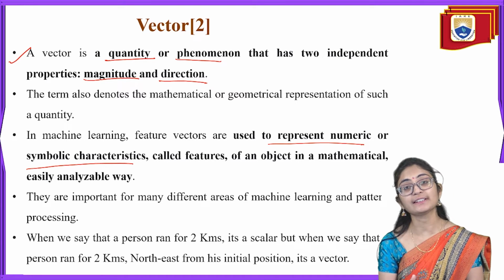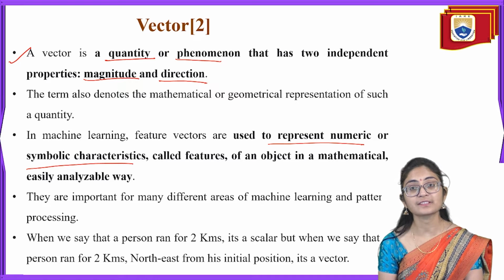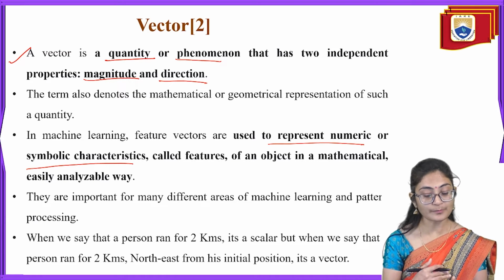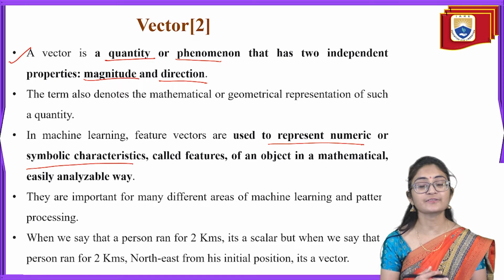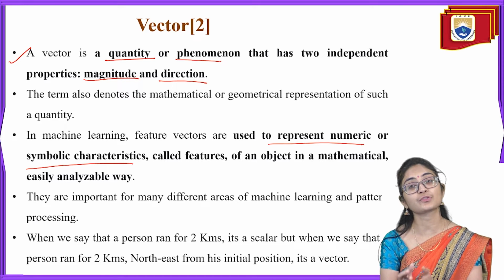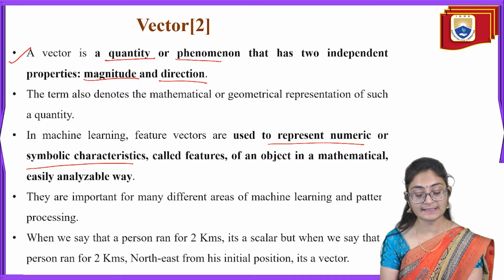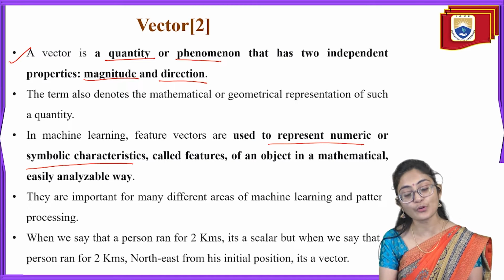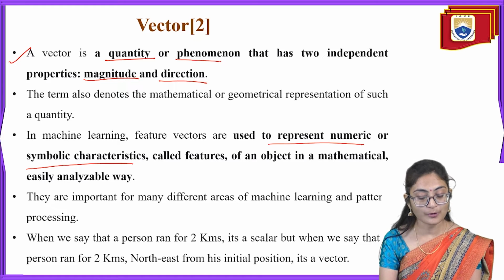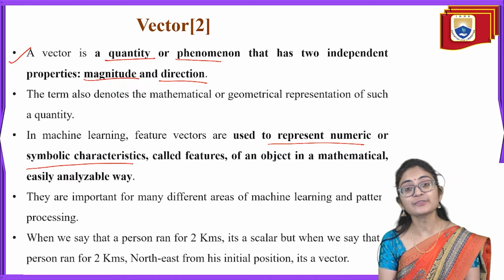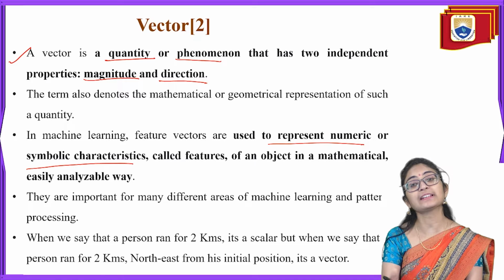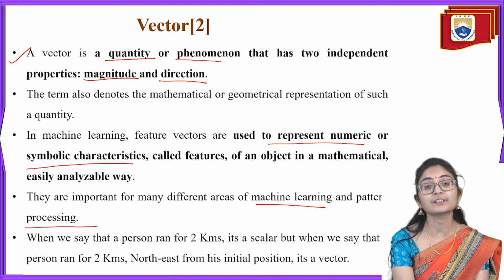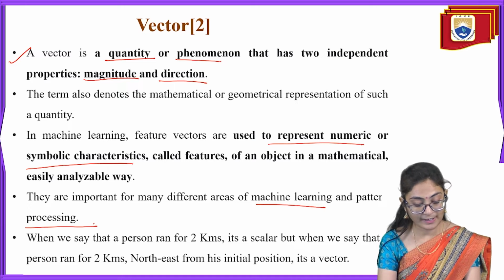Actually, in machine learning, some feature vectors show symbolic characteristics, and some show numeric characteristics. Both are very important in the mathematical format, and very important for many different areas of machine learning and for pattern processing also.